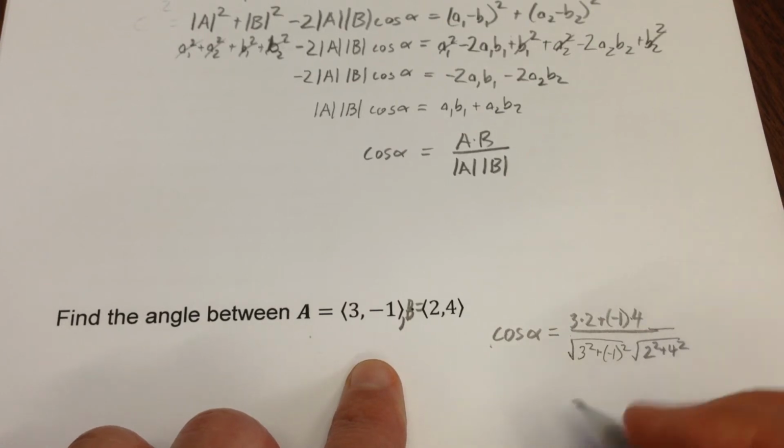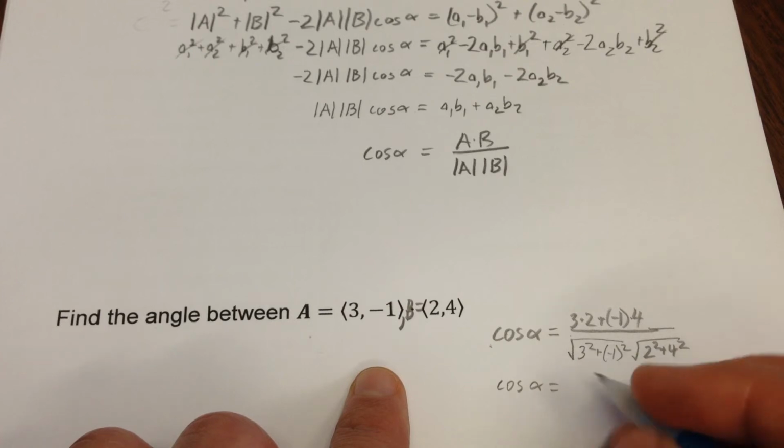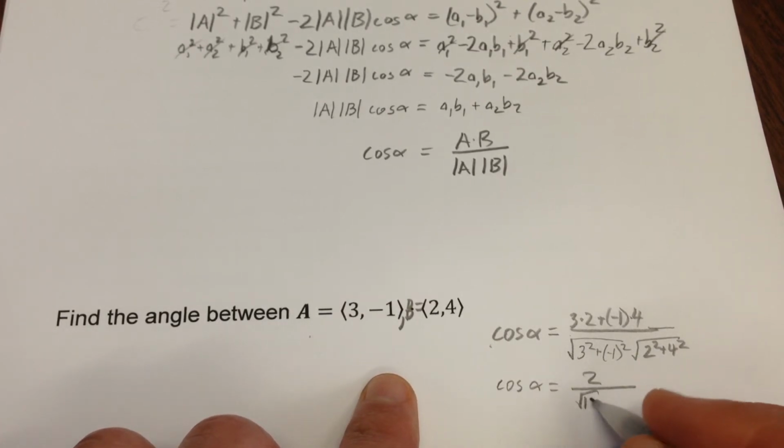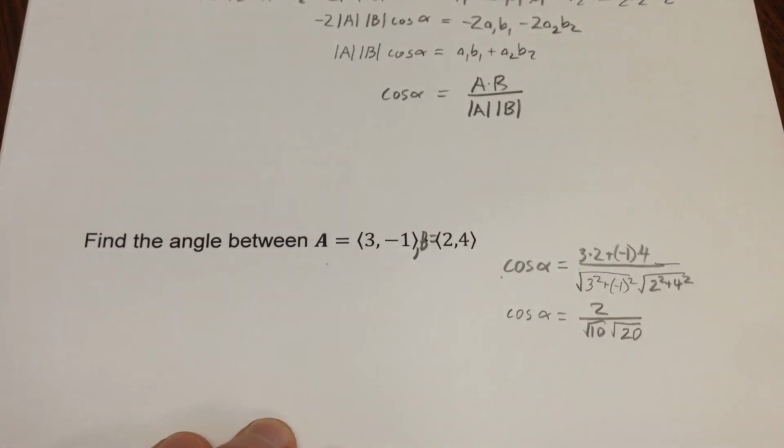Okay, so what do we have there? We have cosine of alpha equals 6 minus 4, so 2 over the square root of 10 times the square root of 20. That might be able to simplify a little bit, but we'll just put that on pause for the moment.